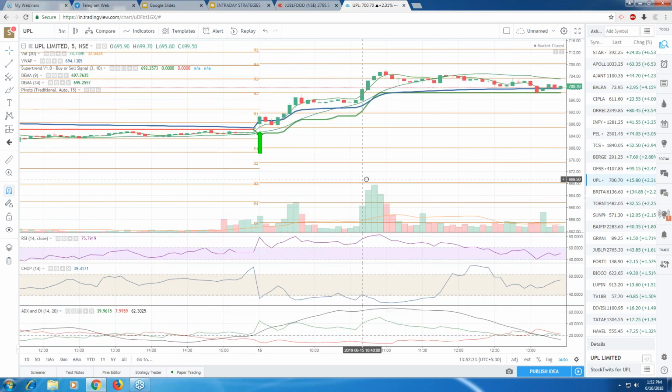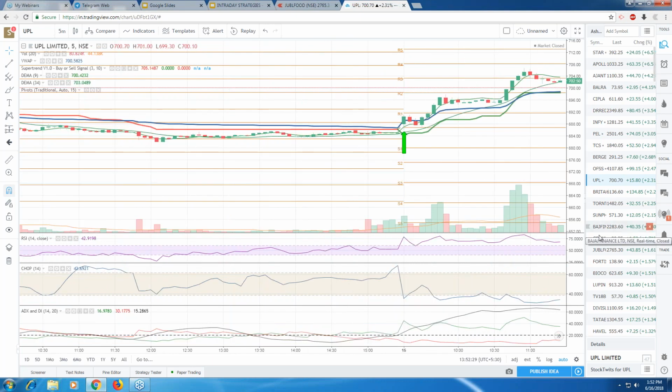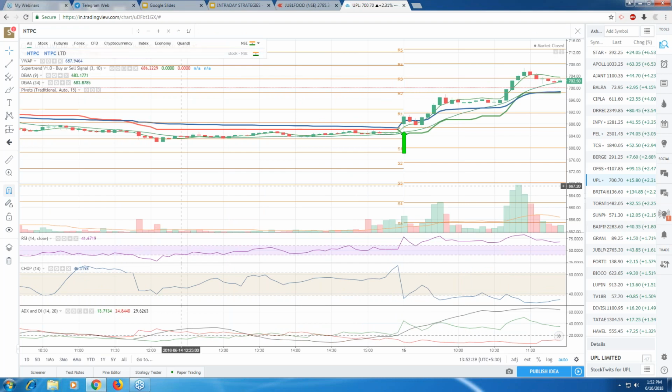I did a few trades yesterday. I traded in National Aluminium and HPCL. I'll show you. No, I traded in NTPC and Hind Petroleum. See here. This is how it was.